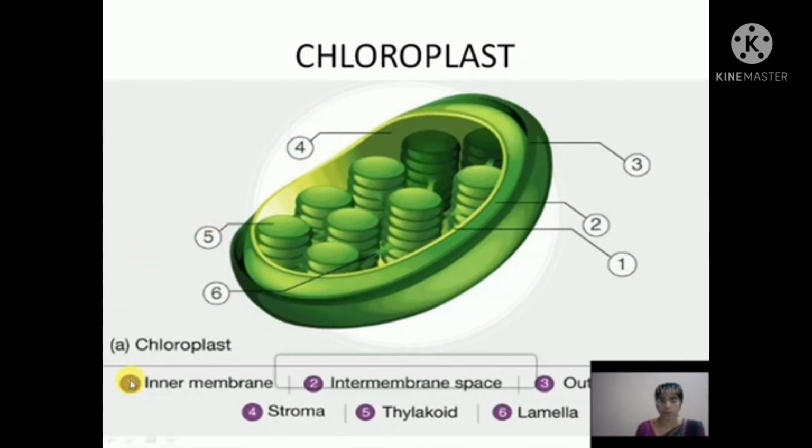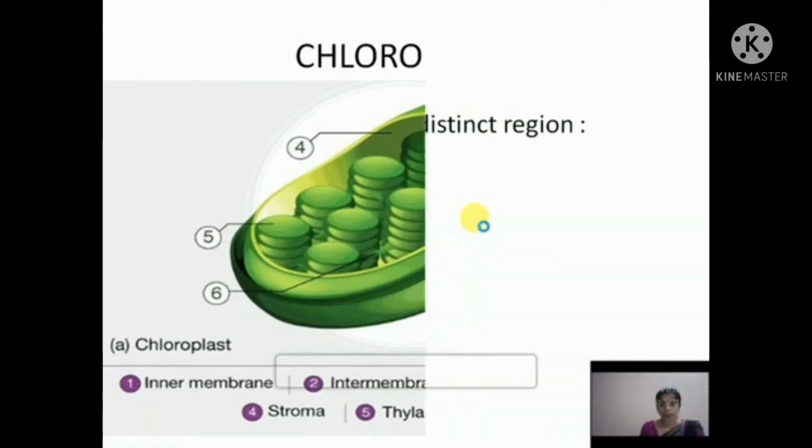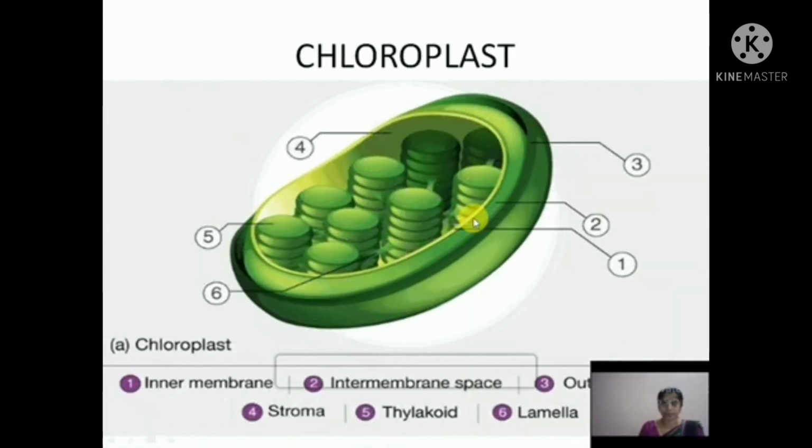This is the chloroplast. See the chloroplast structure. This is the outer membrane, this middle one is the intermembrane space, and this is the inner membrane. Inside is the stroma.